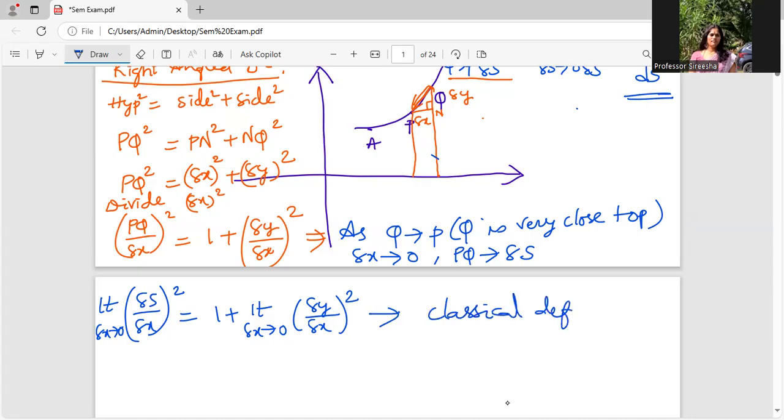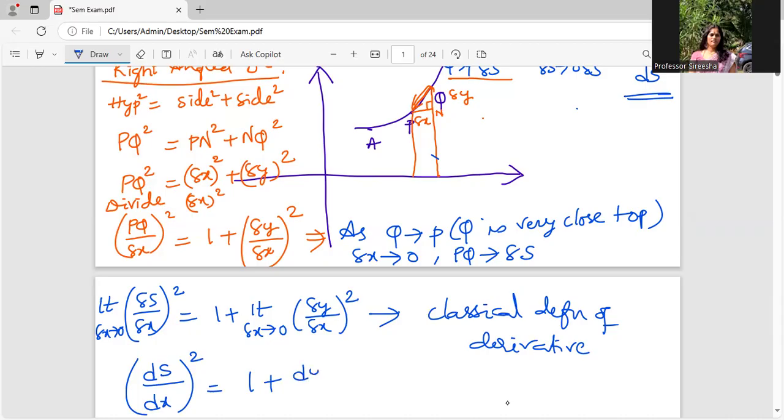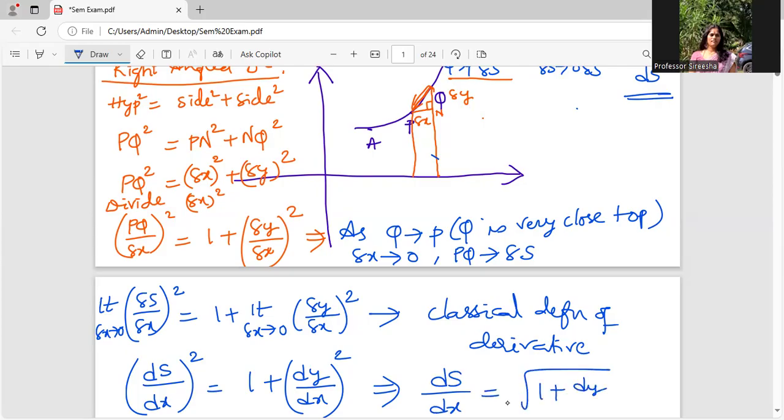So I will call this ds by dx whole square, which is equal to 1 plus dy by dx whole square. Now, what would be the value of ds by dx? It is nothing but the square root of 1 plus dy by dx whole square. Yes, guys? You understand, right?